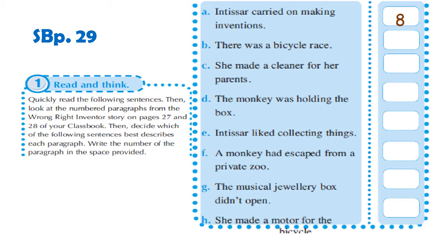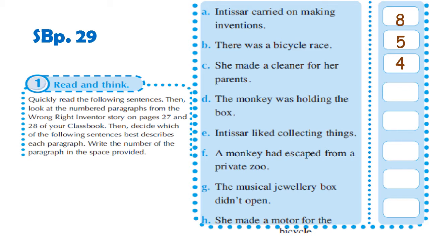Letter B, there was a bicycle race. So this is paragraph number 5. Yes, good. Letter C, she made a cleaner for her parents. This is paragraph number 4. Very good.